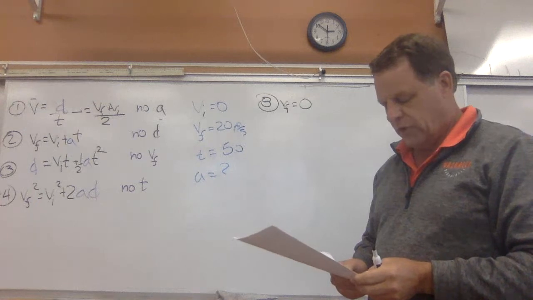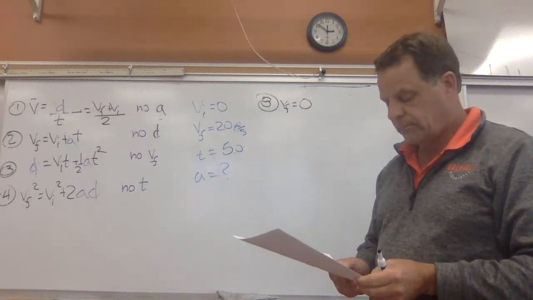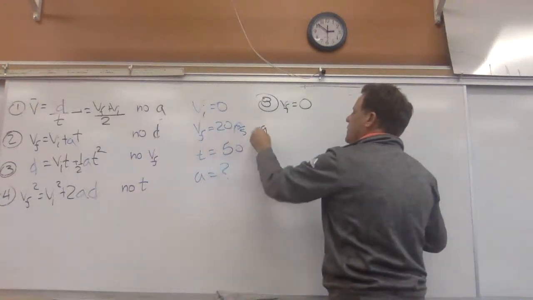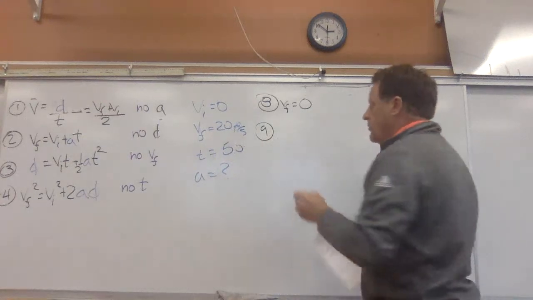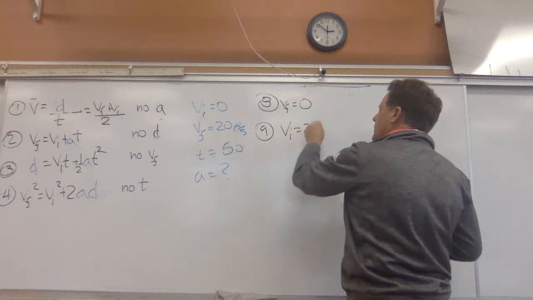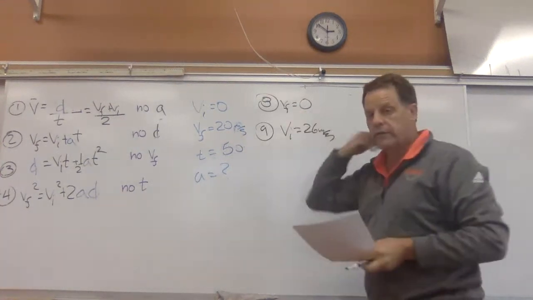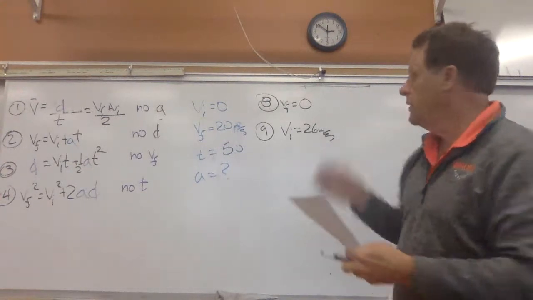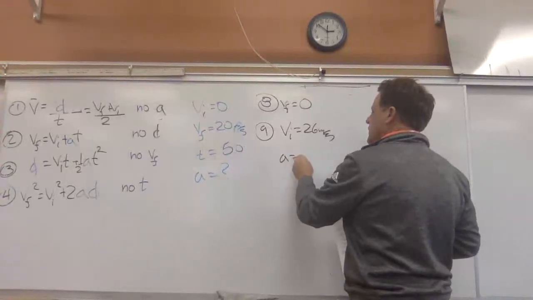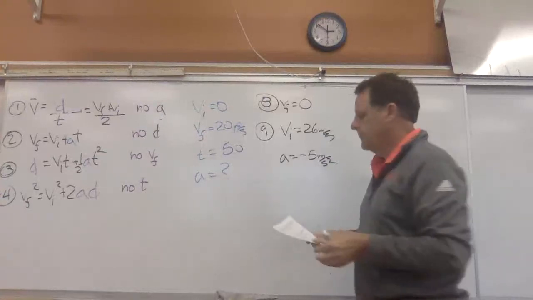All right, and question number 9. How much time does it take for the car to stop in part 3? Okay, so we need to find 3 variables, remember? We've got our initial velocity of 26 meters per second. We already know that our final velocity is 0, and we know our acceleration is equal to negative 5 meters per second squared.